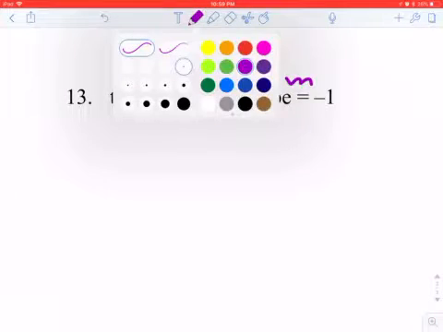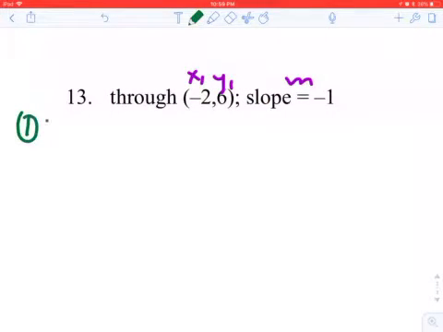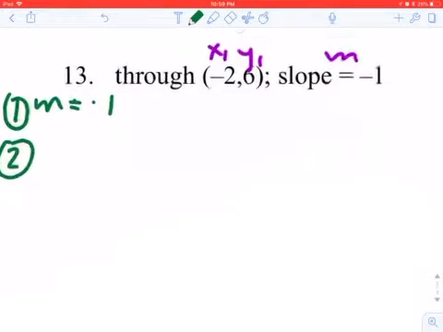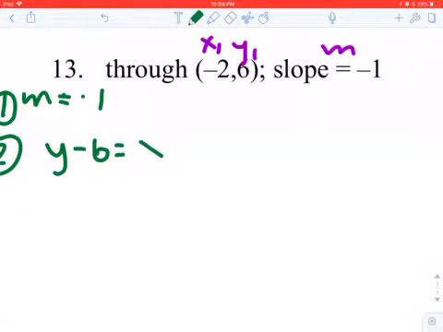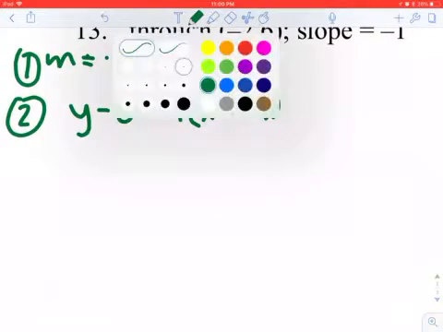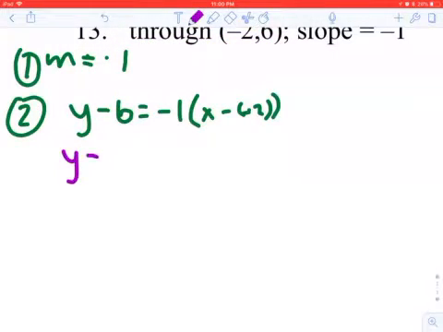So first step, we already know our slope. Second step, point slope form. Y minus 6 is equal to negative 1, x minus negative 2. So y minus 6 is equal to negative 1, x plus 2.